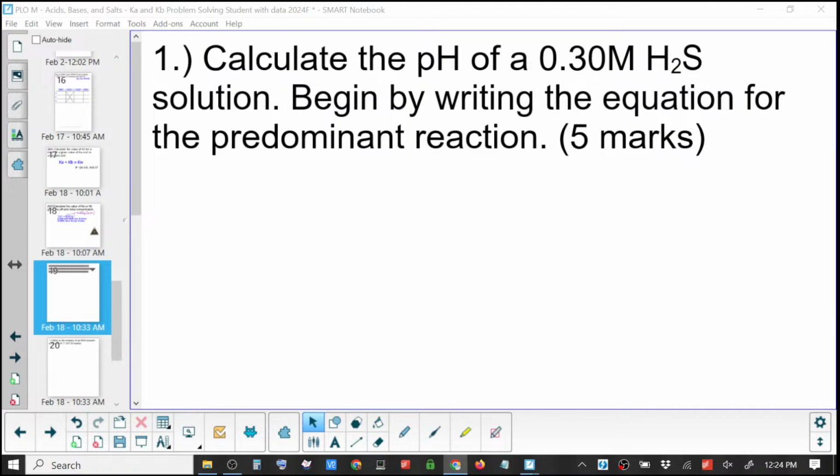And now to get to pH, it's only a lot of this. Don't you need to divide this part out to get the Ka?